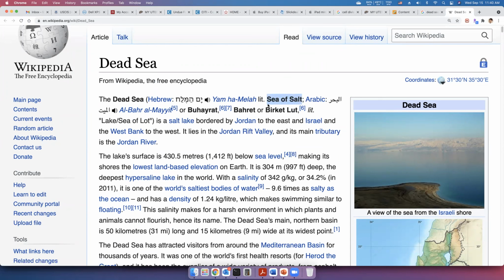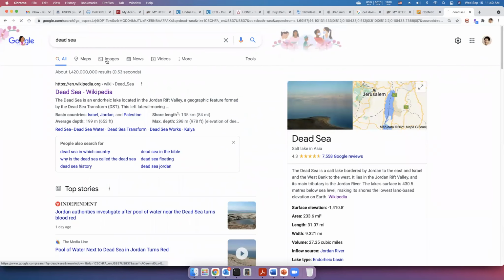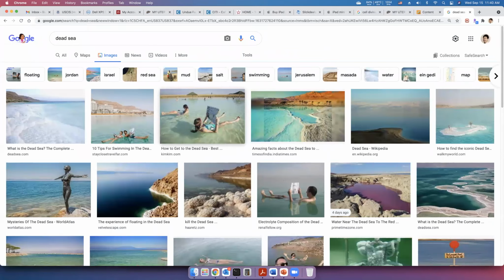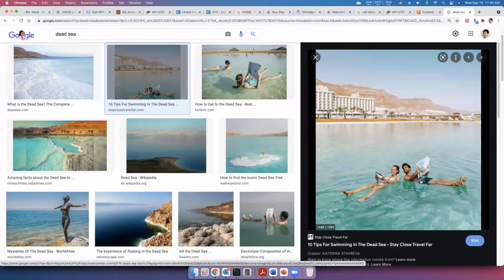So the density of the water here is really high, so people can float. If you search by image, you can see people can easily float. A big ratio of the human body is out of the water. That's because of the density.